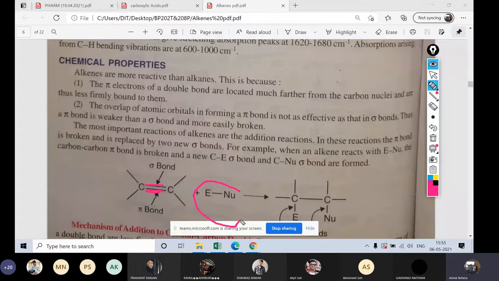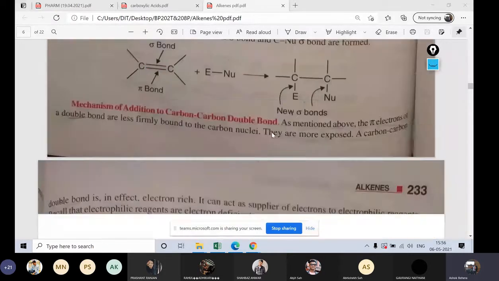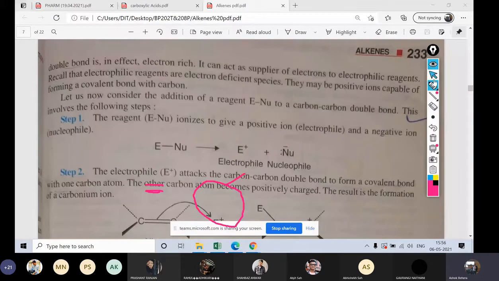The reagent that you are going to add, step 1, it has to be ionization. You'll see the mechanism, yes, 3 steps mechanism are there. Addition reaction, that is your ionization of the reagent, electrophile, nucleophile.